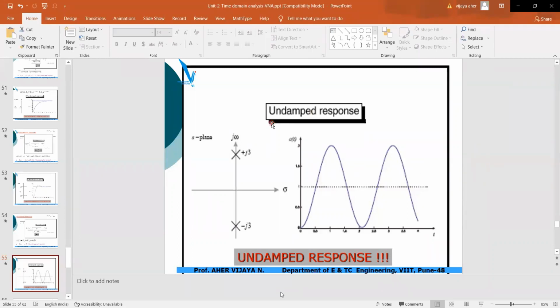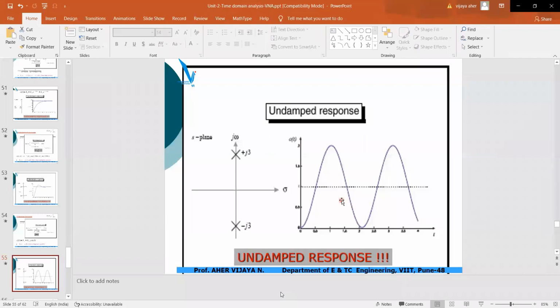When zeta is equal to 0, system response is called undamped response. Now this is undamped response. So you have simulated this in experiment number 4. Zeta is equal to 0, right? The same response is here in front of you.